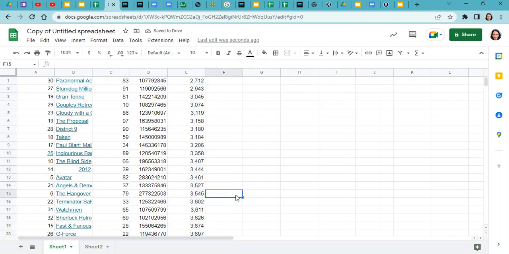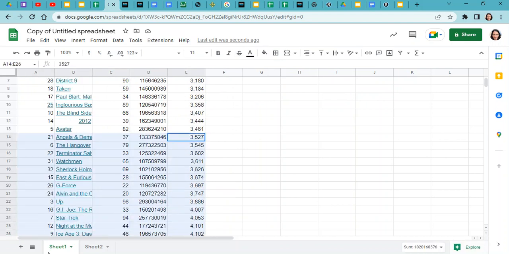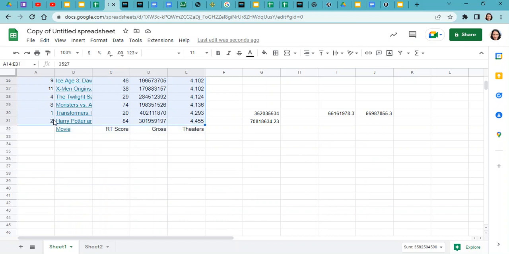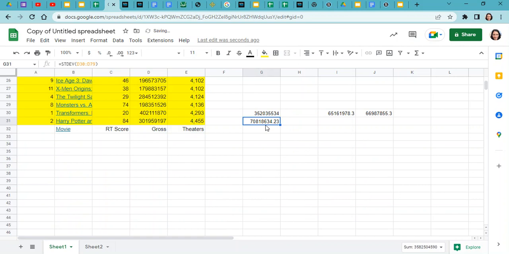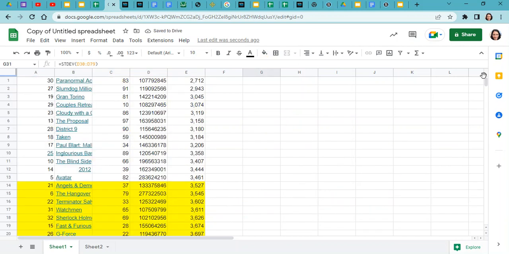Okay, and then I want to see where's the 3,500 theaters. So it starts here. And I will color that. Okay. So now I can easily count what's in each group. So this group up here is over 1,000. Sorry, actually, let's start at the bottom.